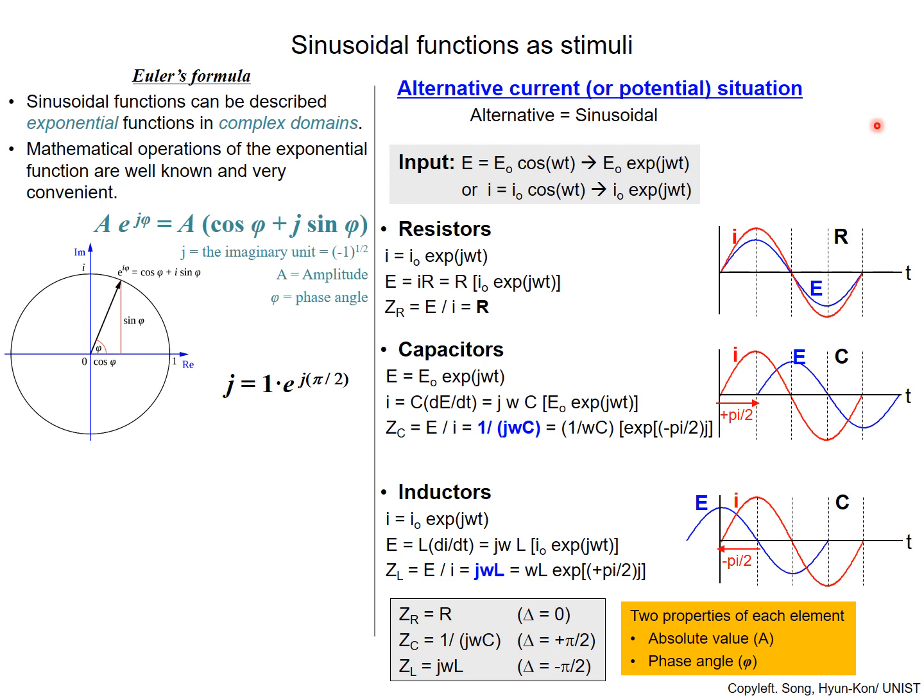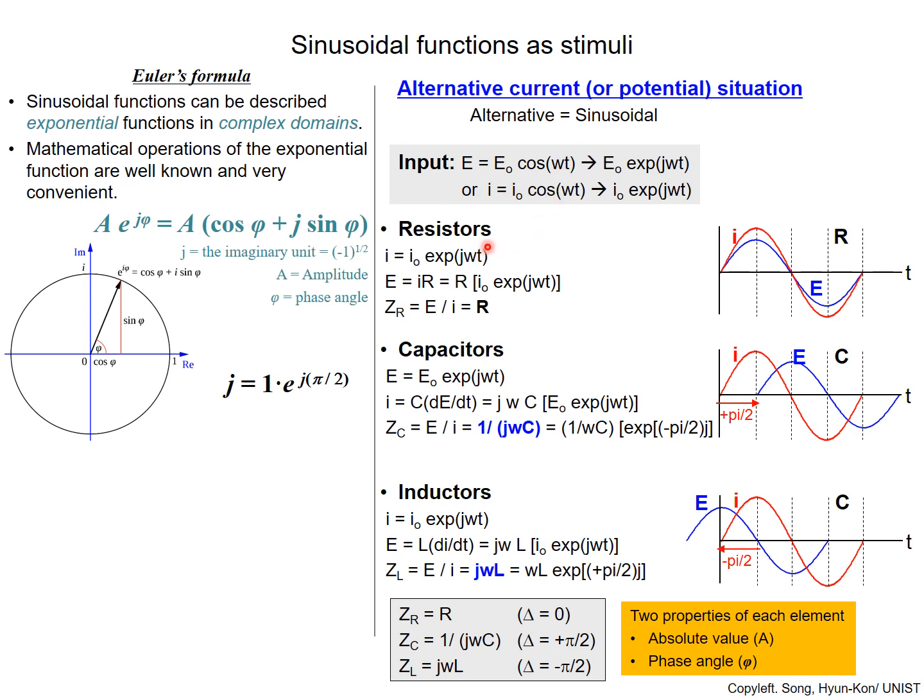It means we are using sinusoidal functions. The input could be potential or current, anything is okay, and let me assume that it follows the cosine function with omega t. Then you could convert this cosine function to the exponential function, even if you don't have sine, because every mathematical operation works in the exponential function term and also the cosine function term. So I'd like to use the exponential function instead of the cosine function.